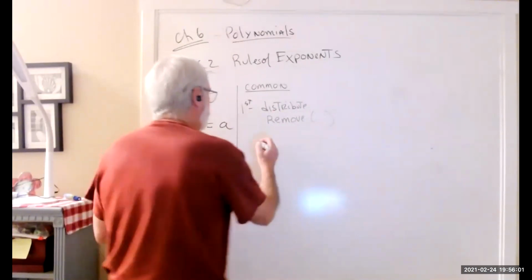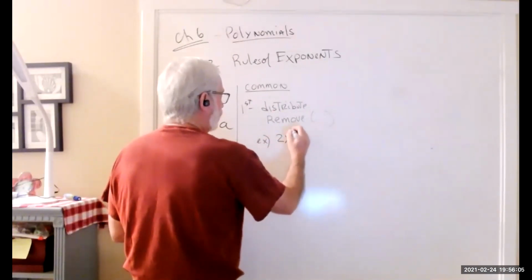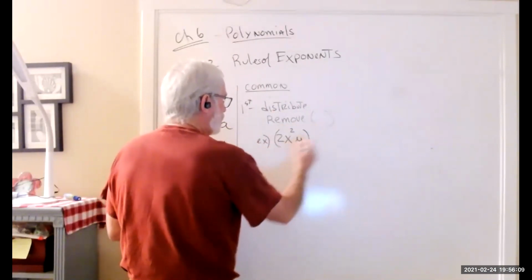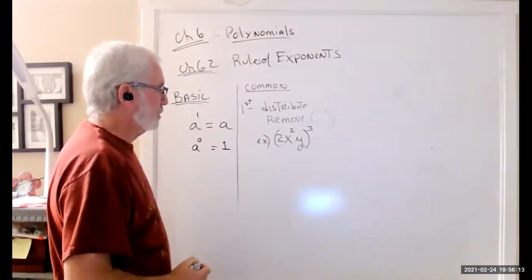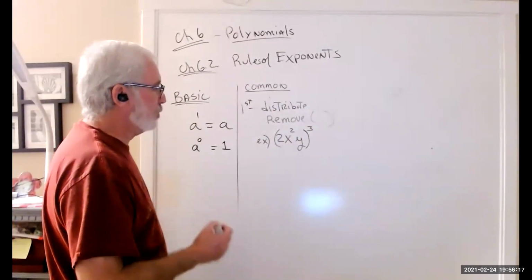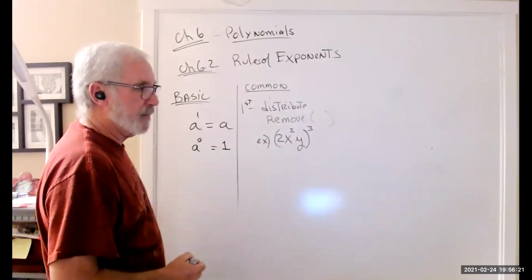So suppose you had 2x squared y whole quantity to the 3rd power.